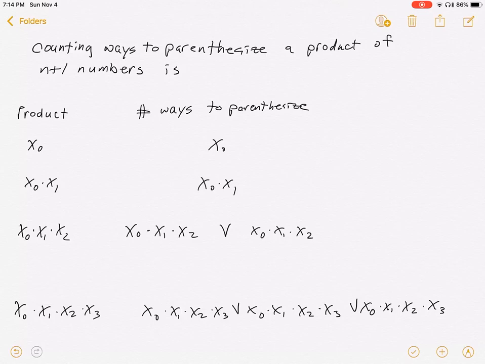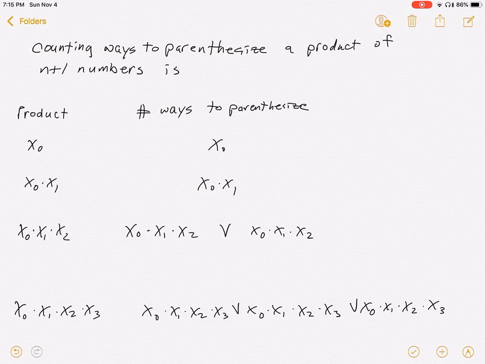We're in Rosen section 8.1, applications of recurrence relations, and we're talking about the number of ways to parenthesize a product of n plus 1 numbers. We can characterize that recursively, and we're going to step through the first few sizes of products.